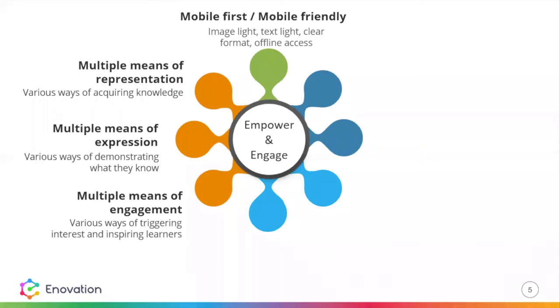In the course, we're going to be looking at more mobile friendly rather than mobile first. Mobile first would mean that your design is nice and simple, basic, image light, text light, clear format, and everything accessible offline as well, in case people have a bad internet connection, for example.